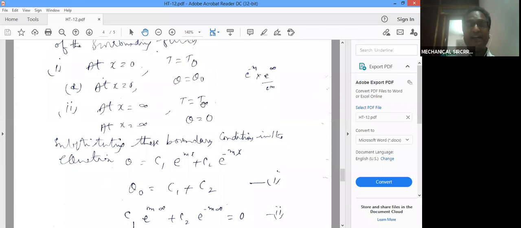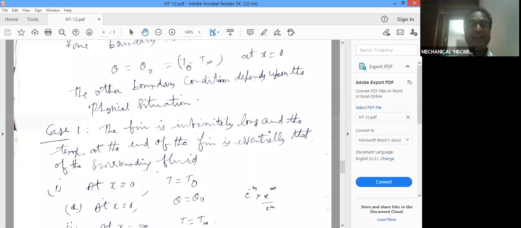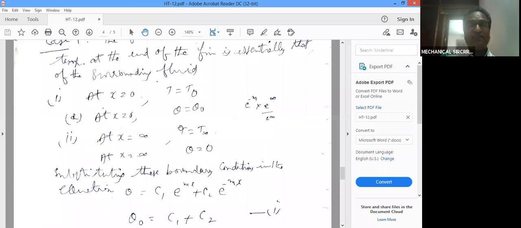If you substitute theta is equal to T minus T free stream at x is equal to infinity, T becomes T free stream, so T free stream minus T free stream is 0. So at x is equal to infinity, theta is equal to 0.